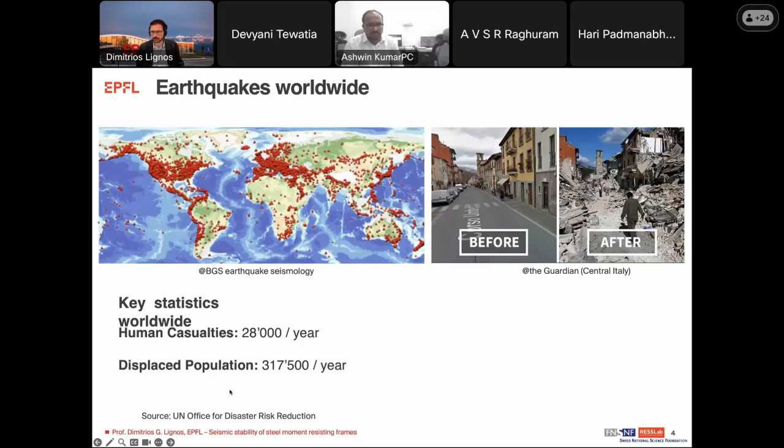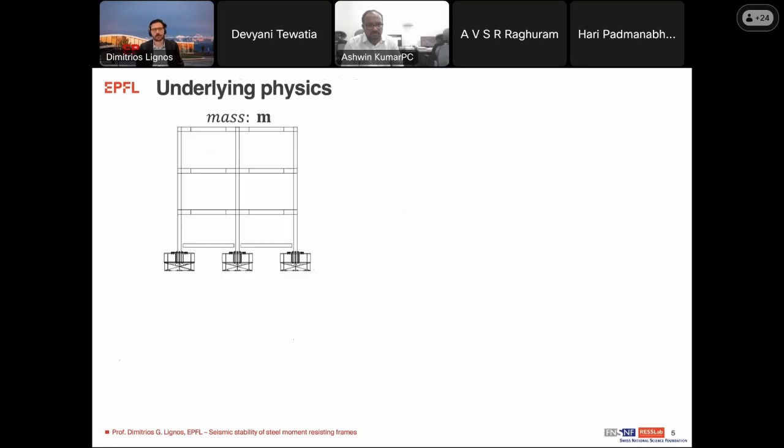What we are trying to do here is investigate the reasons why buildings in particular collapse, and first understand the physics behind the problem. For those of you who are students, you've seen this multiple times. If a building is subjected to an earthquake, it is going to undergo deformations.